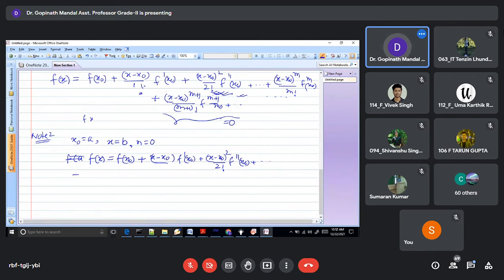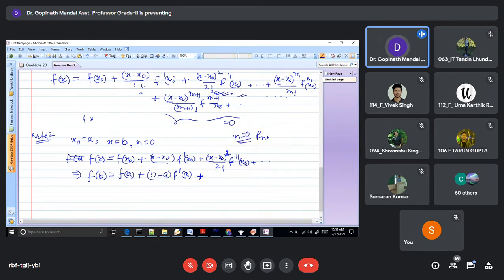In that case, f of x means f of b, and f of x0 is f of a, plus x minus x0, that is b minus a, f dash x0. These terms will be 0 because we take n equal to 0.